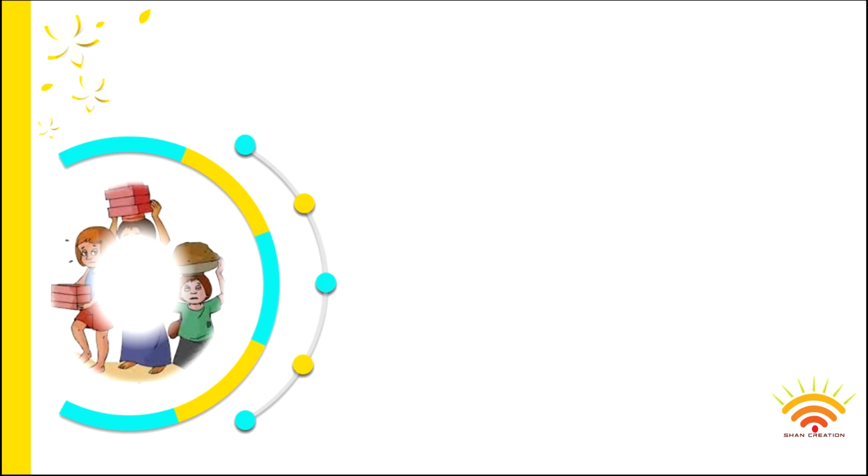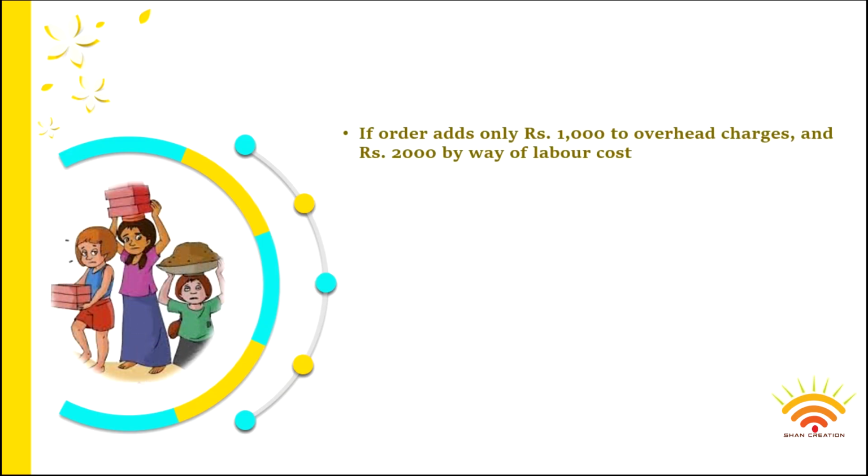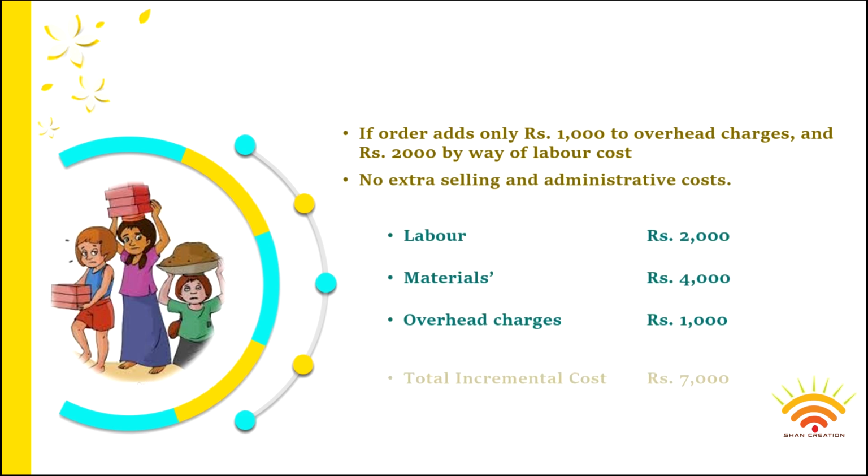However, suppose there is idle capacity which can be utilized to execute this order. If the order adds only 1,000 to overhead charges and 2,000 by way of labor cost, because some of the idle workers already on the payroll will be deployed without added pay, and no extra selling and administrative cost, then the actual incremental cost is as follows.